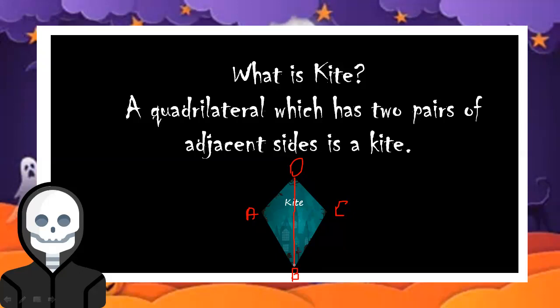I have already shown you that these diagonals intersect at 90 degrees. So let's mark this point as O. Now here it says OA is equal to OC. So it means the lengths of these two sides are equal.